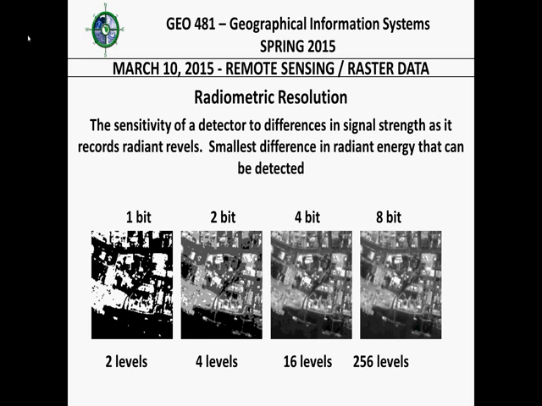With threshold, I've converted the owl picture to 1-bit radiometric resolution, black or white. Versus now, I didn't take this image, there's 8 bits. In an 8-bit image, remember, that allows 256 different colors.